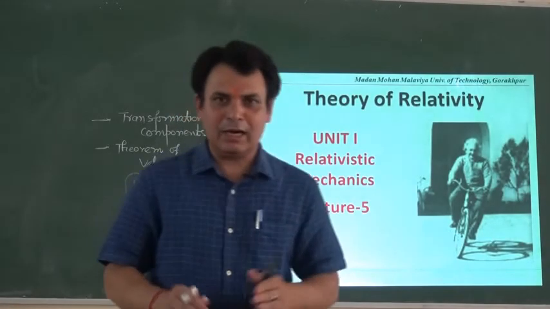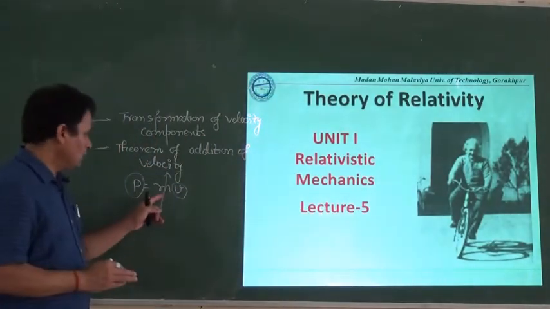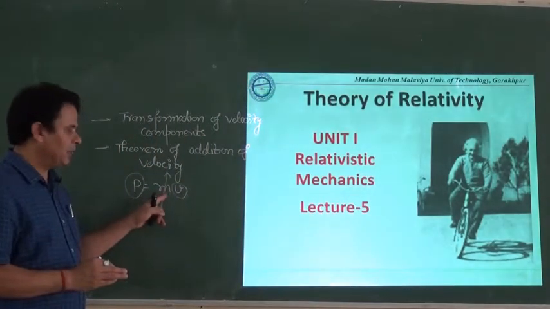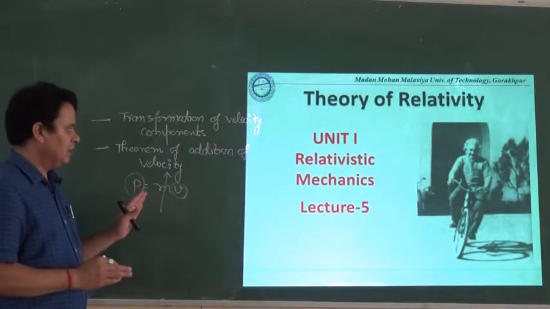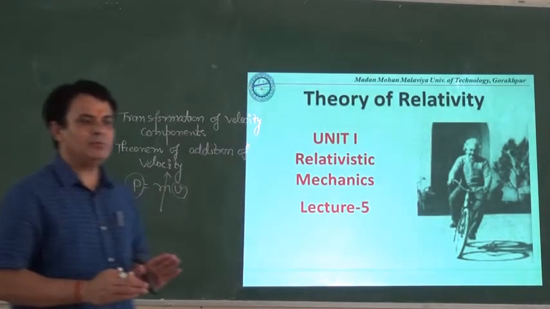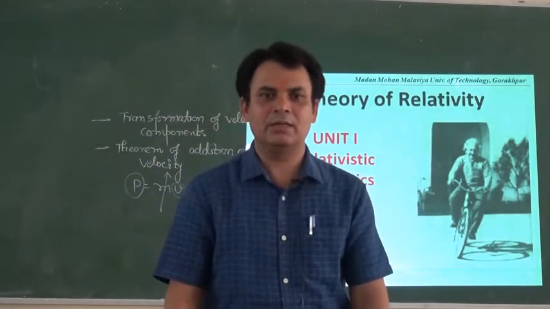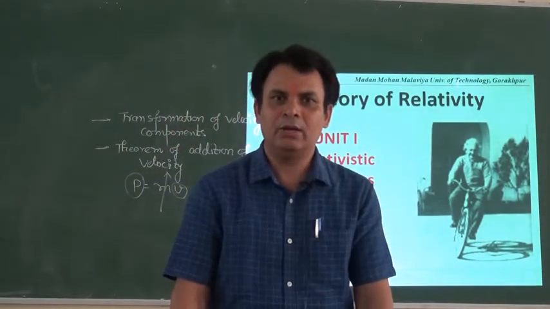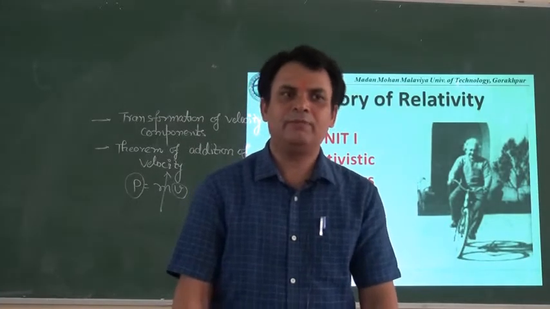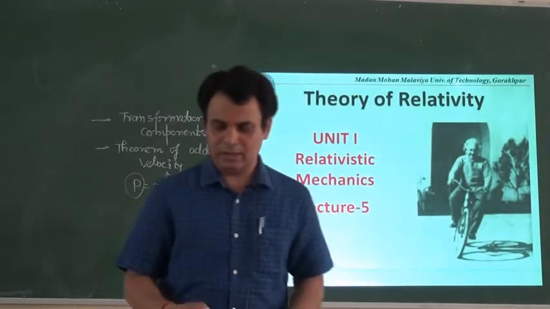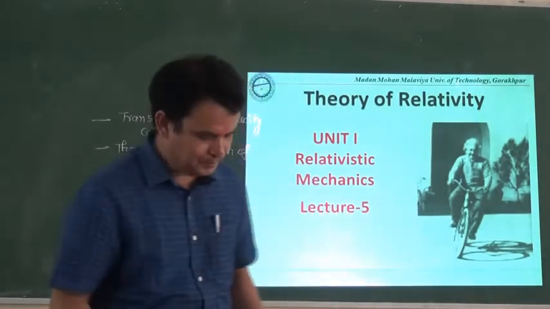And as a consequence, you will see that the mass of a body remains no longer constant, and hence we will be able to find the expression for the variation of mass, how the mass will vary with the velocity if it is examined from a different frame of reference.